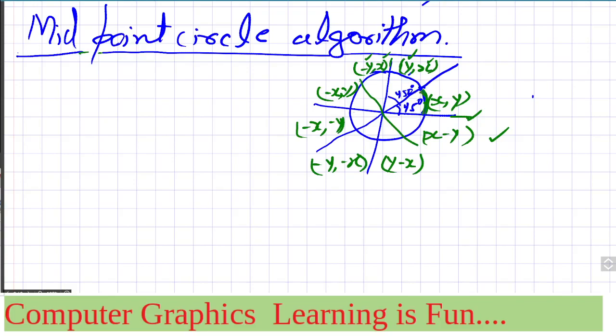Although if we don't want to do that, we can find the values of the others also, no problem. But this is the simplest way, and that is what we should follow, because although in the midpoint circle algorithm we are decreasing the number of operations, we still have to perform certain calculations to find the pixels, right?